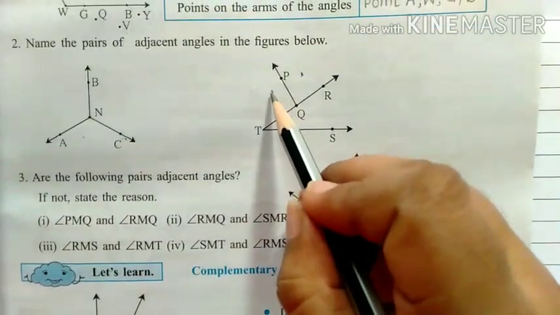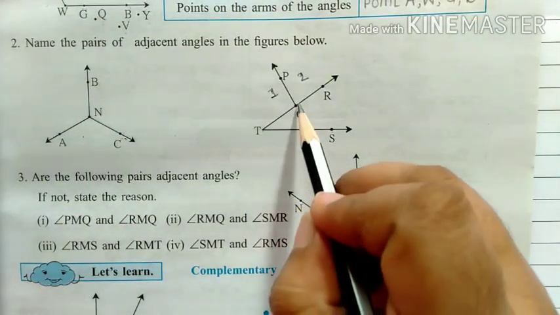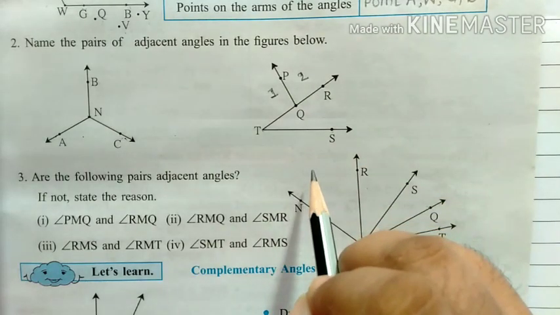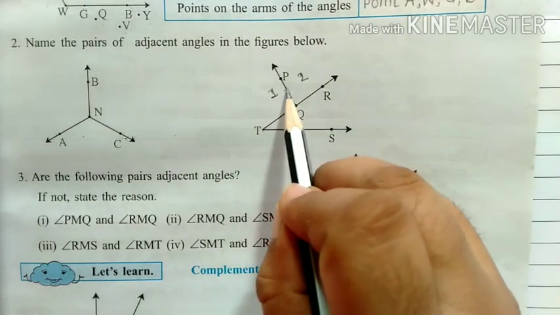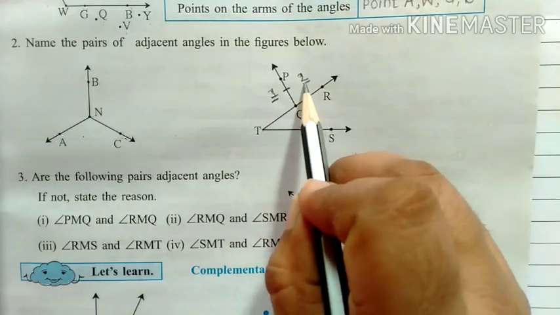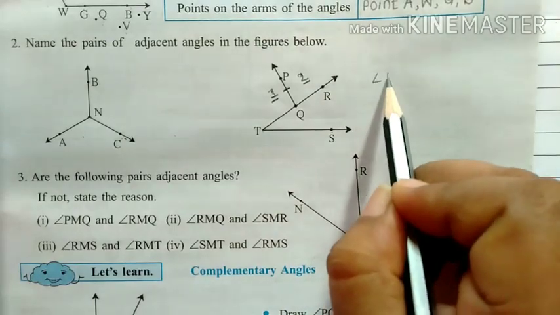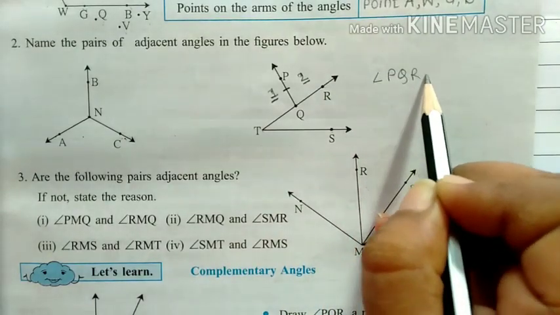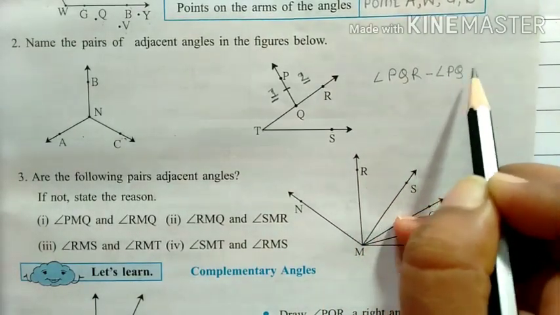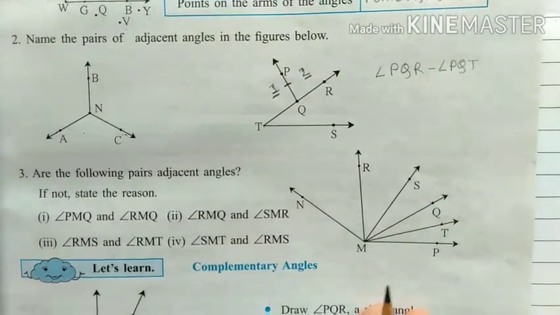For these, Q is the common vertex. PQ is the common arm. Interior part for 1 and interior part for 2 are different. So, angle PQR and angle PQT are an adjacent pair of angles.